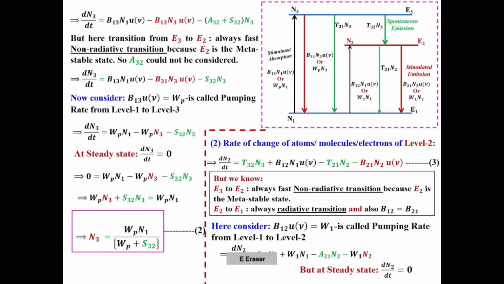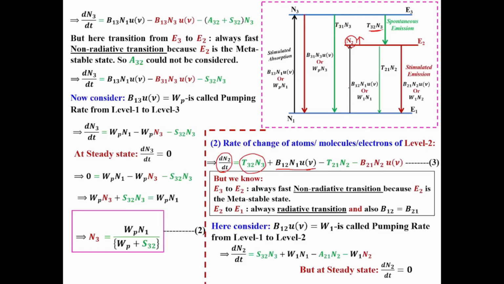So here, the rate equation of level 2 is dN2 by dt equal to T32 into N3. This one is positive because due to this N2 increases. Again, plus B12 N1 u mu, also positive.